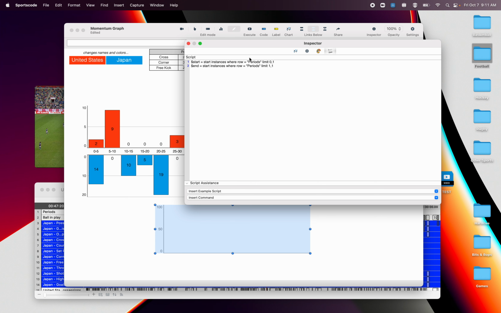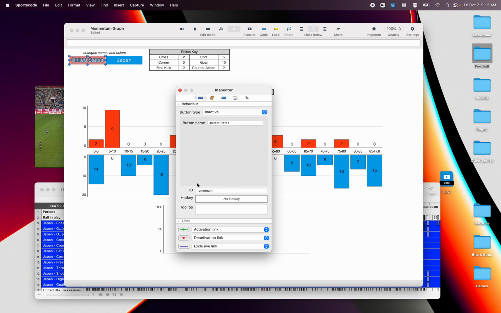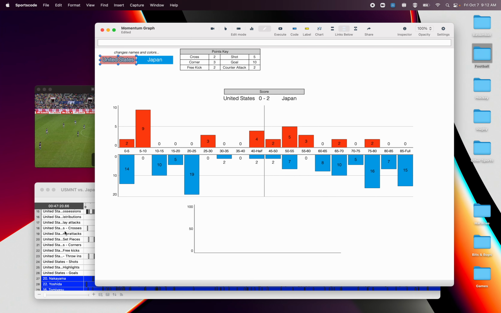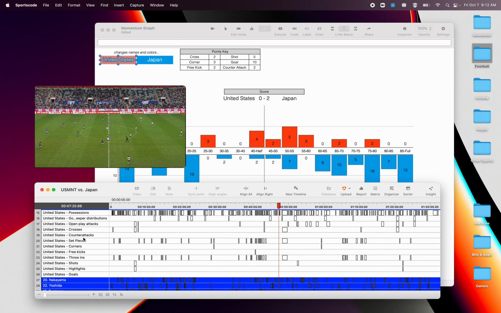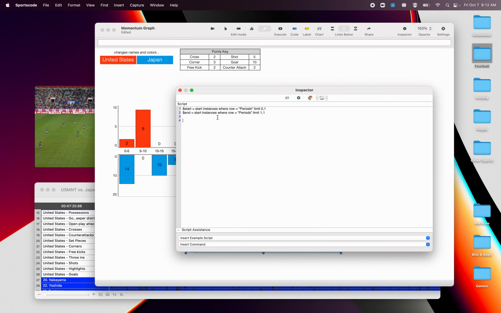Now we're going to establish the events that we're going to be counting over this time. So I'm using the United States as my example. I've given the United States a button ID of home team. And I need to add the events essentially to that button ID. So we've got crosses and corners and shots and whatnot. So I've got to add those instances. I'm just going to do one and then copy and paste the rest.